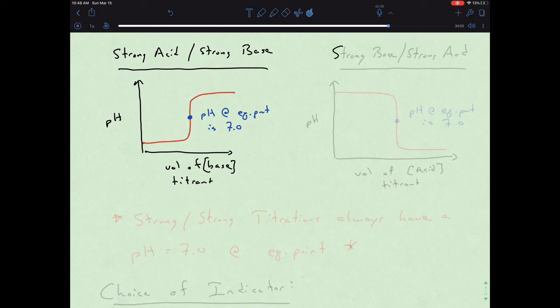If we had a strong base, strong acid, as opposed, a different type of titration, but very much the same in terms of strong, we just have a kind of flip of the curve.